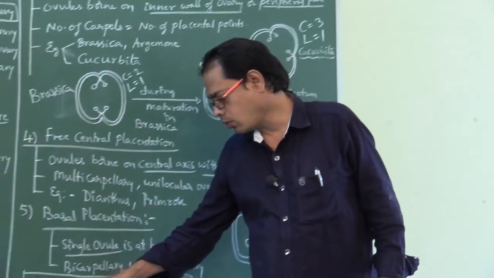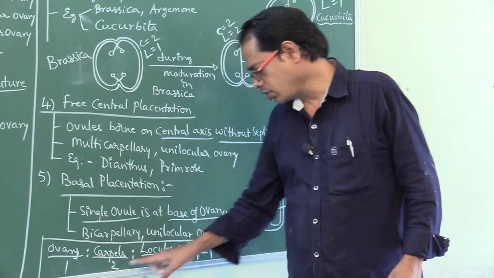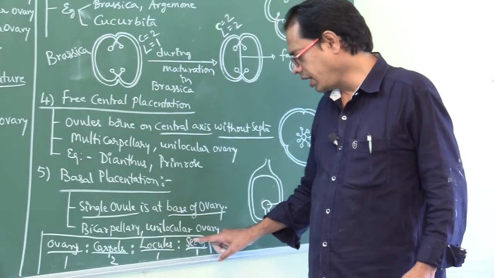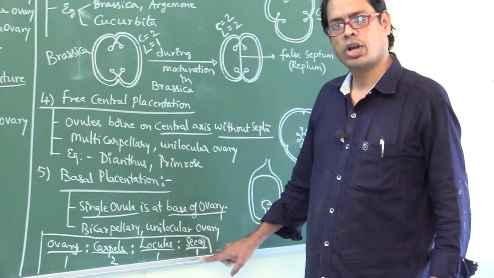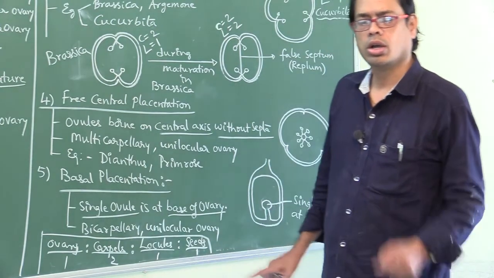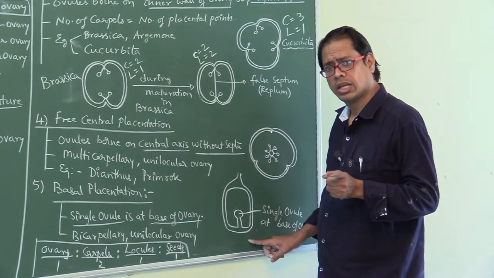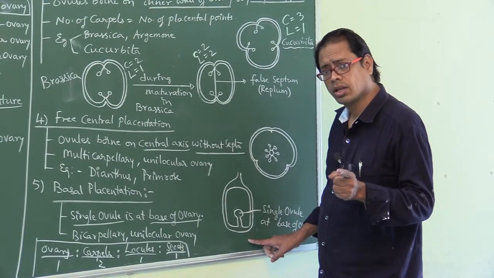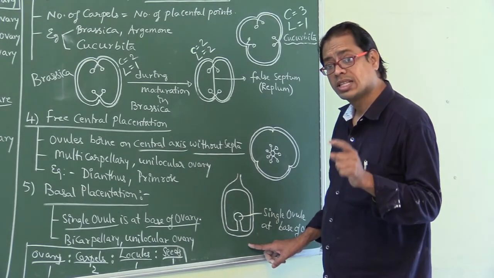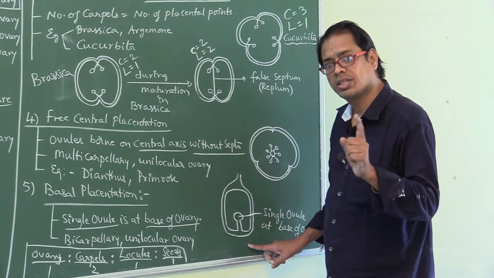So ovary 1, carpels 2, locules 1, ovules 1, seed 1. Do you understand, my dear students?